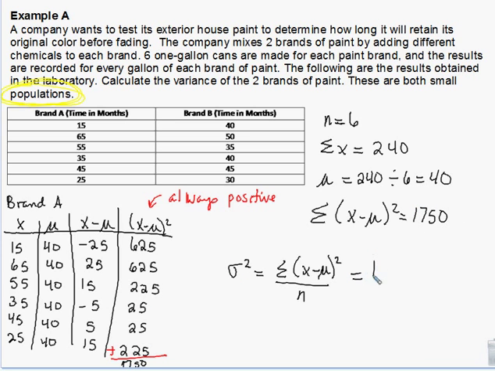So that's 1,750, and I added up 6 numbers. So the variance is 291.67. This is not close to 0. 0 means it doesn't vary at all, right? So this is varying a lot, probably.